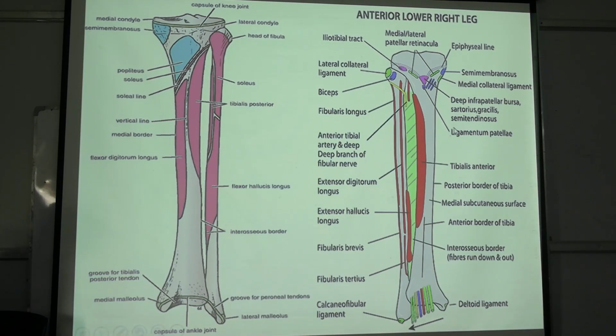Coming to the anterior side, we have a few muscles that you have to memorize, especially on the lateral border or lateral margin. In the lateral margin we have fibularis longus above and fibularis brevis below. Starting from the styloid process, if you trace down the lateral border, it has two muscles attached, fibularis longus and fibularis brevis.